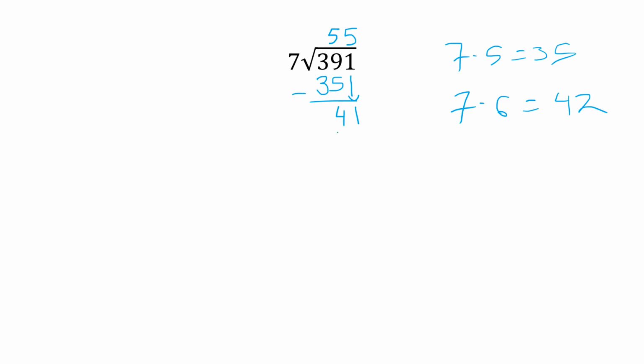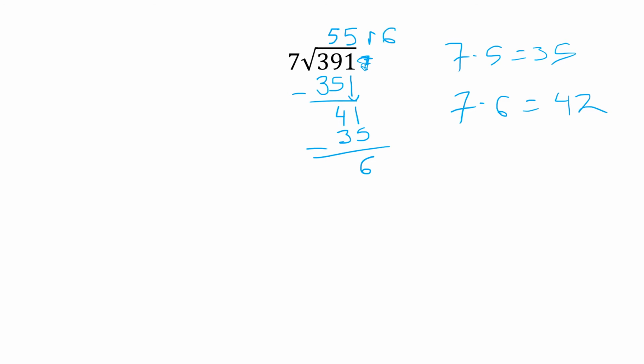We'll write that 35 underneath the 41, and then subtract. 41 minus 35 should give us 6. This 6 is our remainder. We have no other numbers to bring down like we did with the 1. So we're just going to write 55, remainder 6.